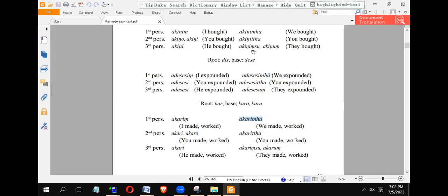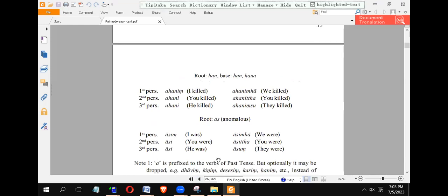And here with the two examples, imsu, here only imsu. So this means that not everything is the same. There is some variance, but we can try to write everything so at least we can recognize the form. If there is no question, I will continue to the next page.